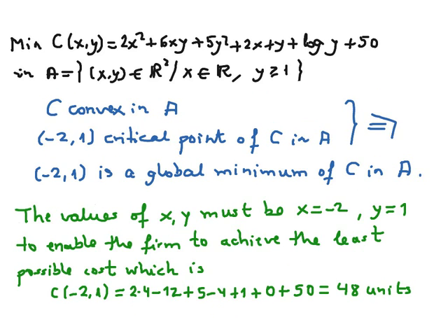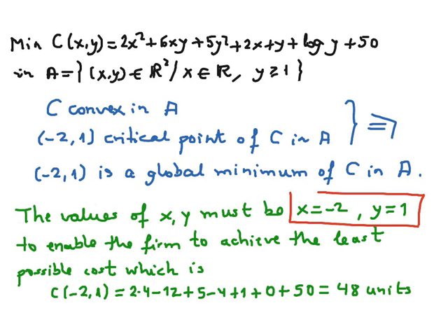Then, when the function is convex in set A and we have a critical point in that set, we have that this critical point is a global minimum of C in the set A. The answer then would be that the values of x and y must be x equal minus 2 and y equal 1 to enable the firm to achieve the least possible cost, which we calculate by replacing that point in the cost function.